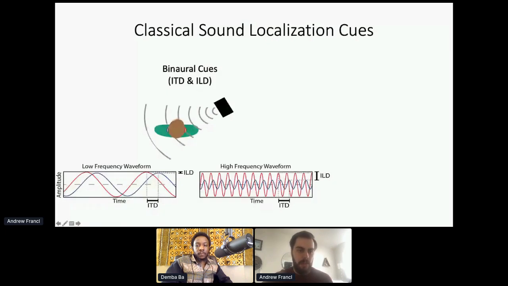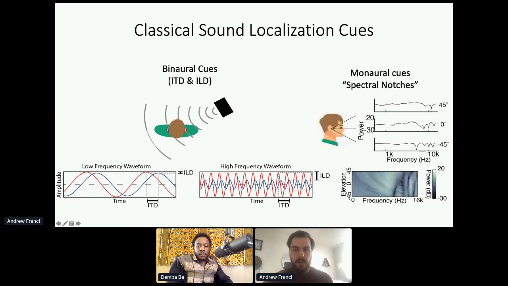It's going to make contact with the right ear, but then it's going to have to travel some distance to make contact with the left ear. That's, of course, going to cause a time delay, and that's detectable by the auditory system. In addition, the sound wave is going to have to move around the head and kind of through it to reach the left ear, and that causes what's equivalent to an acoustic shadow, which causes the ILD, and that's also detectable by the auditory system.